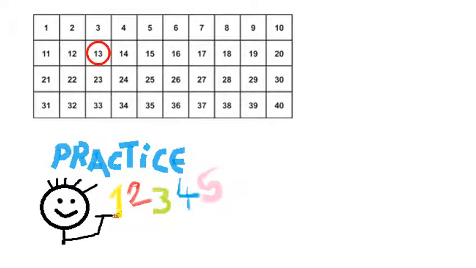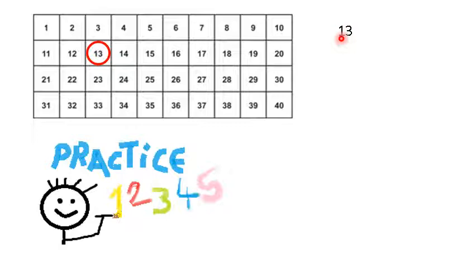Now we have 13. And here's the number 13. What do I draw here? Do I draw red blocks? Do I draw blue blocks? Well, 1 is 1 ten rod, so 1 red rod, and 3 are 3 blue blocks.